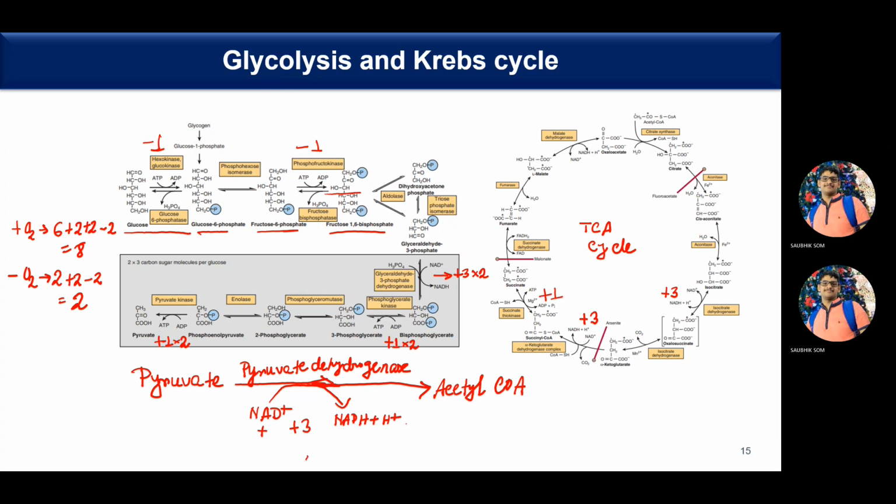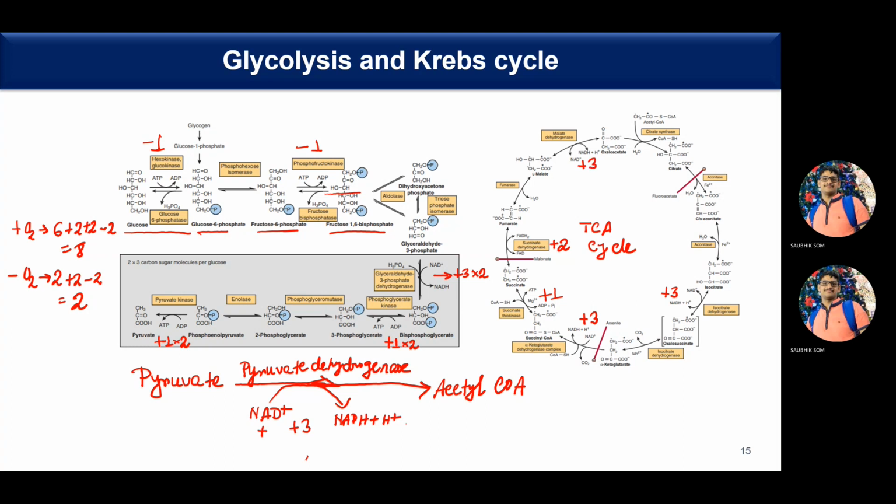Then from succinate to fumarate there is succinate dehydrogenase, which will give only 2 ATP through the electron transport chain. After that, fumarate to malate, and at the malate dehydrogenase step there will be another 3.